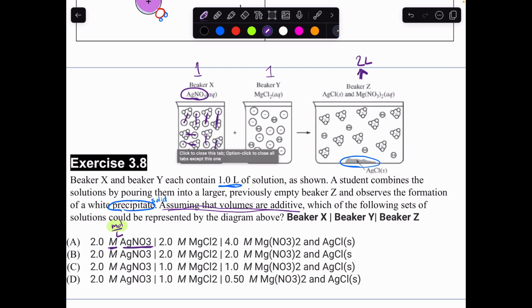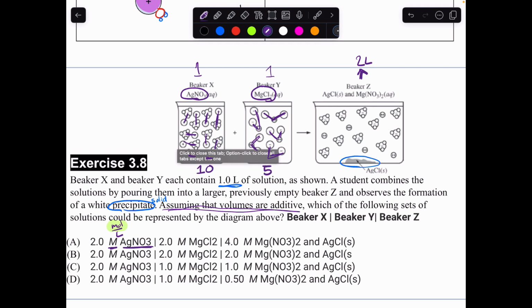I believe there's 2 more down there. 9, 10. In this one, it's MgCl2. If I group it back together, you've got 1 Mg to 2 Cl. So there's 1, 2, 3, 4, 5. In this one we have 10, in this one we have 5.